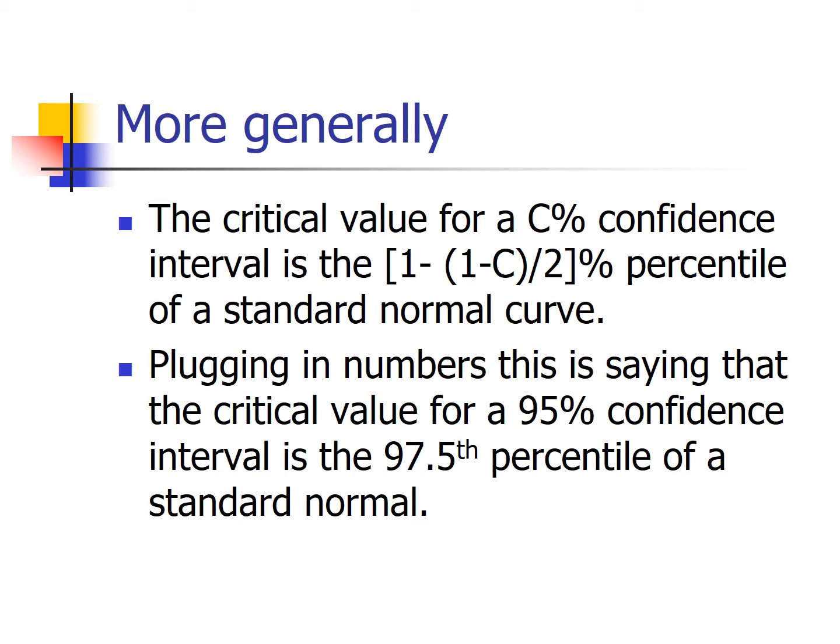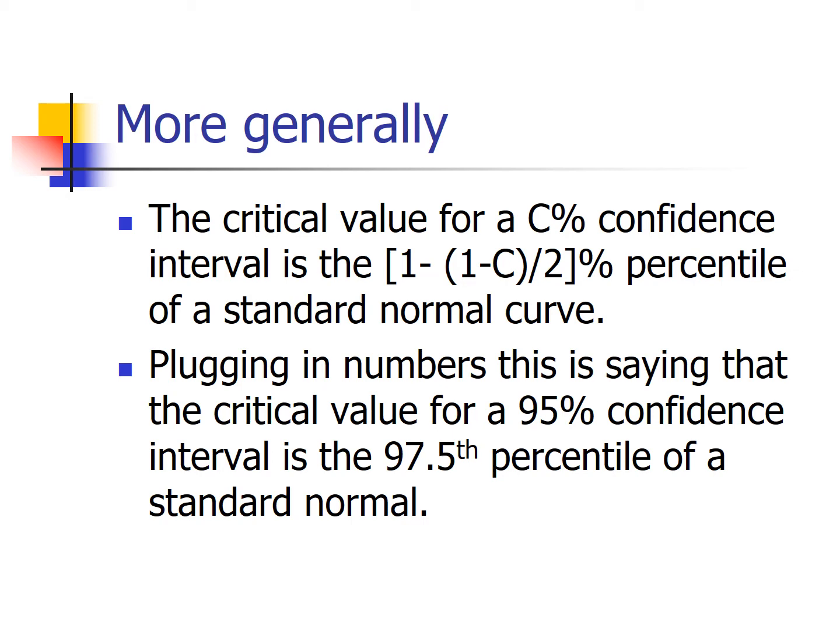So it turns out the critical value for a 95% confidence interval is the same as the 97.5th percentile of a standard normal distribution. The percentile is the value such that 97.5% of the area is to the left of that value. Again, this statement really should make sense to you if you've been doing all the practice problems and you've been building up the sort of visual intuition for how all these different areas kind of work and come into play.